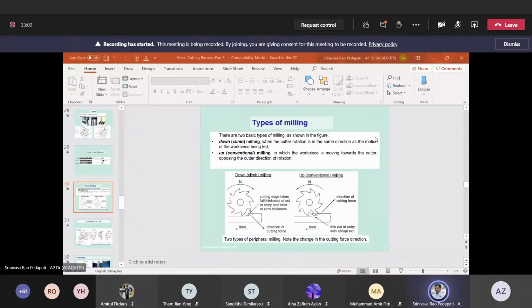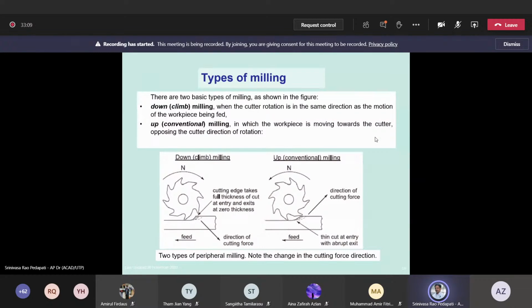You have the force in this case. The direction of the cutting force is pushing the workpiece downward. That means it is easy to grip or fit the material in the vise, because it is pushing down and you already have your table on the bottom, so it is stable.